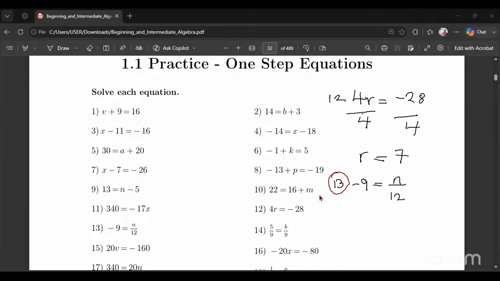A lot of students find this a little bit challenging, but to make it a little bit easier, you can rewrite the equation to look somewhat like a fraction on both sides. You could also say negative 9 divided by 1 is equal to n all over 12.